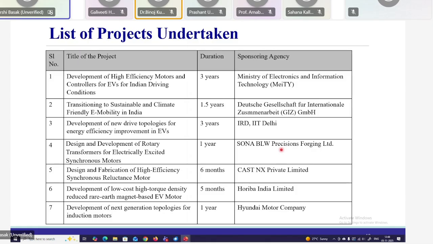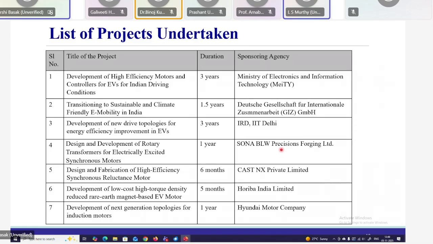Instead of the brushed electrically excited synchronous machine, you can have a brushless topology, which you can do by means of the rotary transformer technology. So that actually will be helpful.